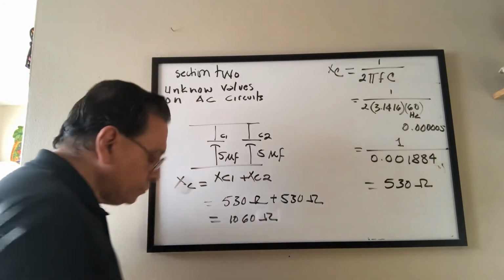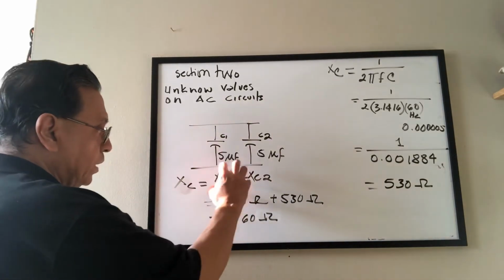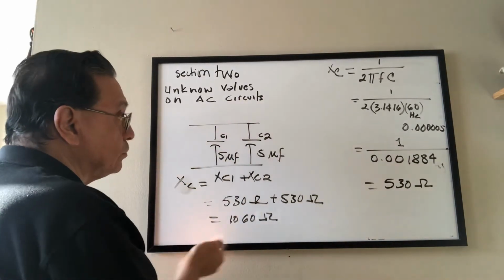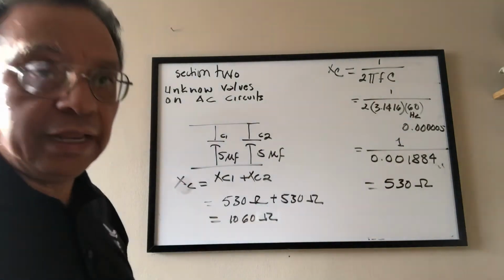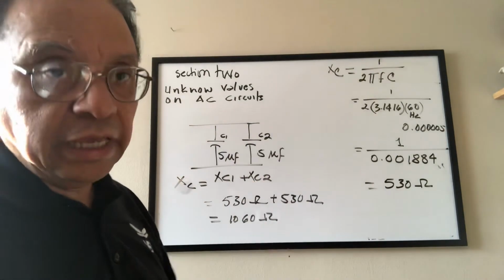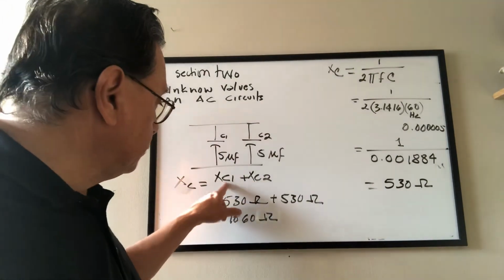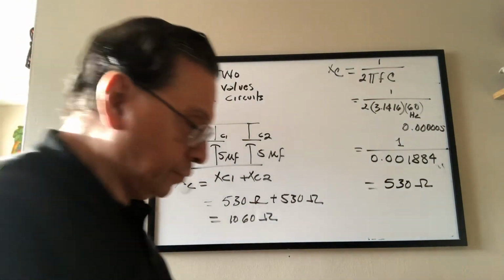So this is the way that I calculate the ohms of capacitors using this formula. If I connect them in parallel, the total resistance is calculated the opposite way from resistors in parallel. You just add the ohms of each capacitor.